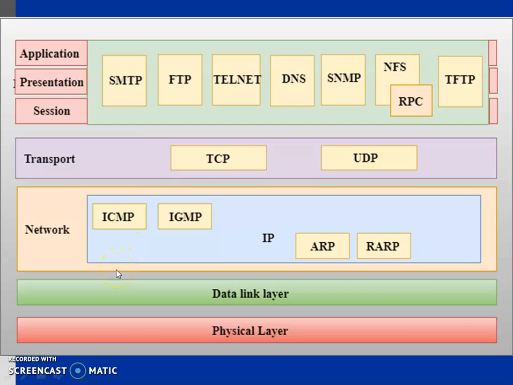So this is a mechanism used by the hosts or routers to send notifications regarding the datagram problems back to the sender. We have seen that there could be a missing datagram or there could be some problem with the datagram. So there has to be some mechanism for the host or the router which is part of internet working, so that the problems can be reported back to the sender.